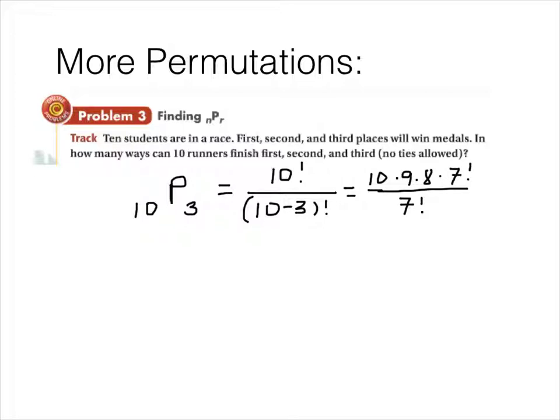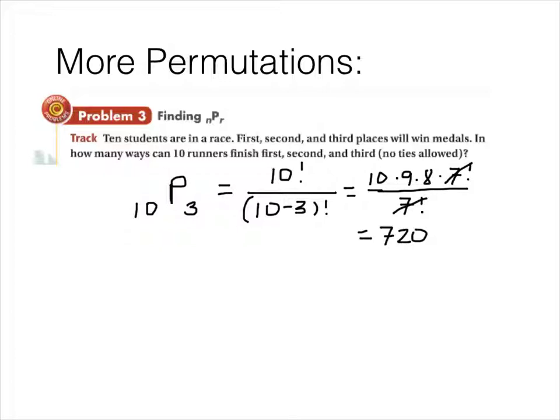So break up the top part just like that. The 7 factorials cancel. And then it's just 10 times 9 times 8, 720 different possibilities. Of course, only one of them will happen, but there's 720 different possibilities. That's why they probably shouldn't try to make the trophies ahead of time unless the race is fixed.